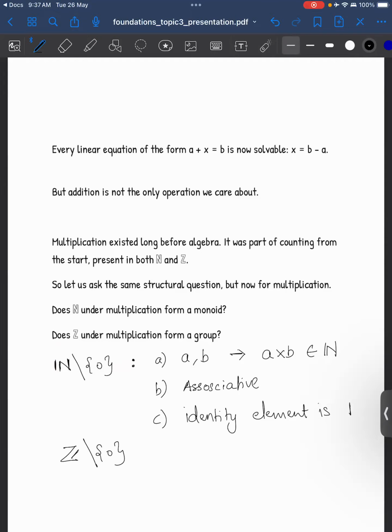So Z without the 0 element is also a monoid under the multiplication operation, but it is not a group. We will see this.